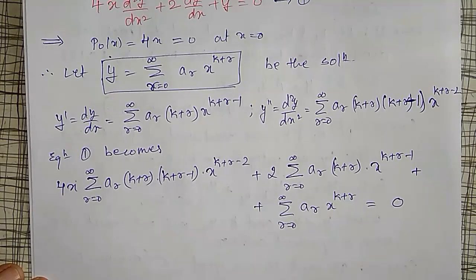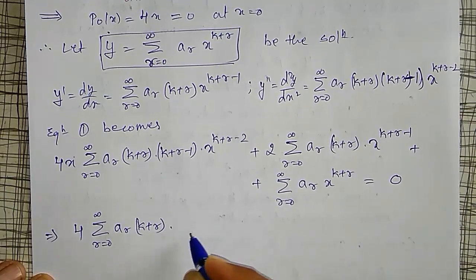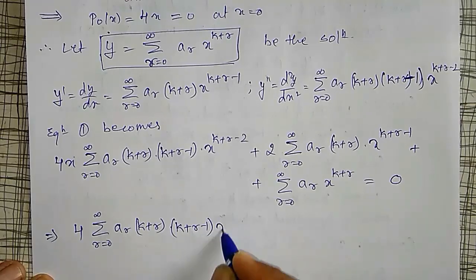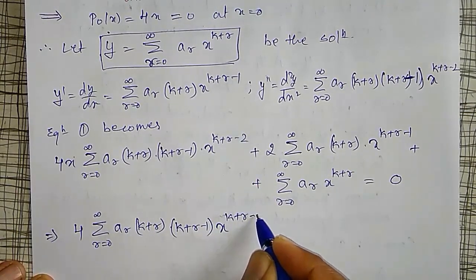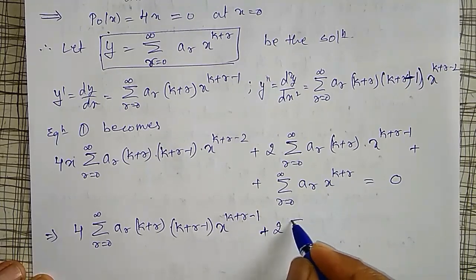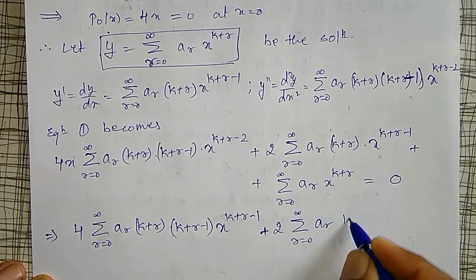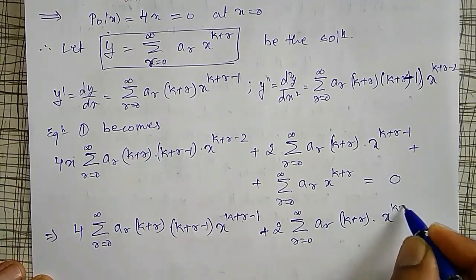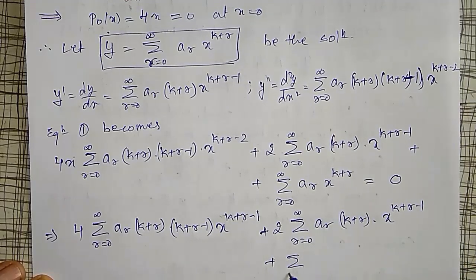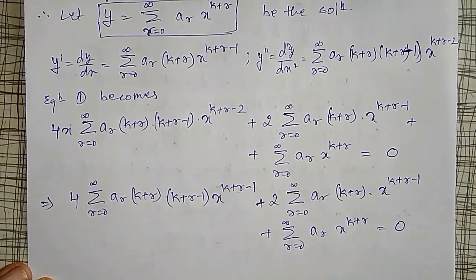I will multiply this x inside first: 4 times summation r equal to 0 to infinity ar k plus r into k plus r minus 1 into x to the power k plus r minus 1, plus 2 times summation r equal to 0 to infinity ar k plus r into x to the power k plus r minus 1, plus summation r equal to 0 to infinity ar x to the power k plus r equal to 0.